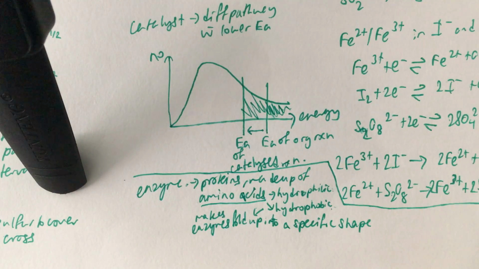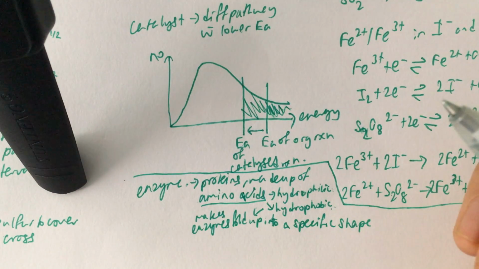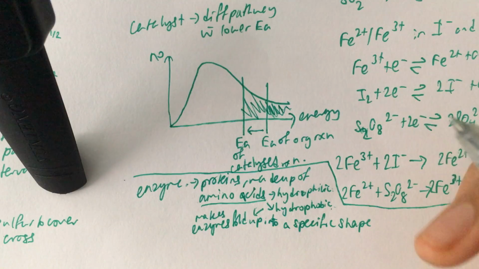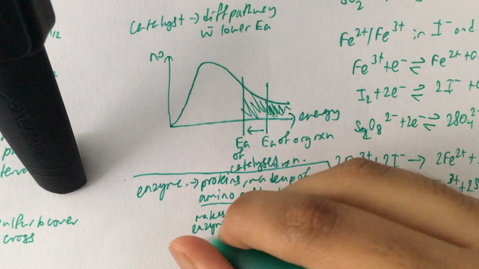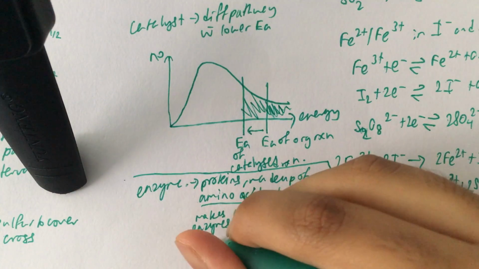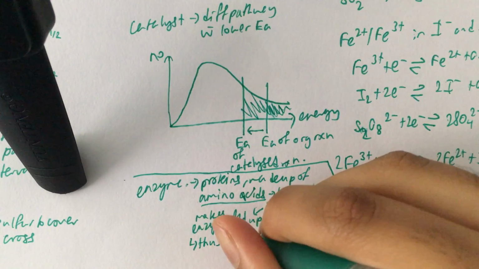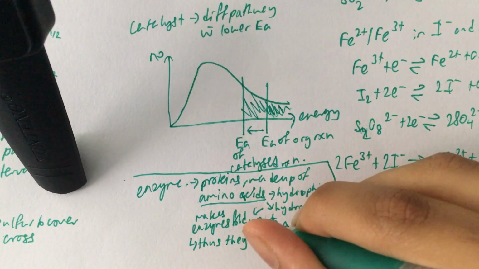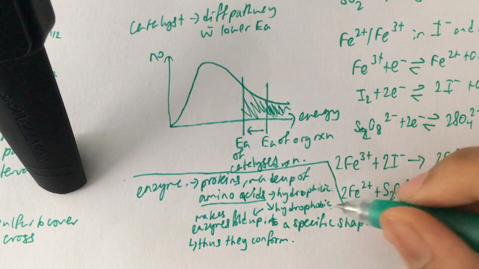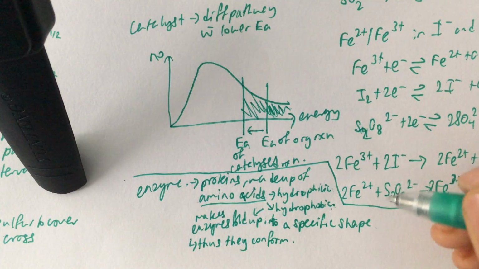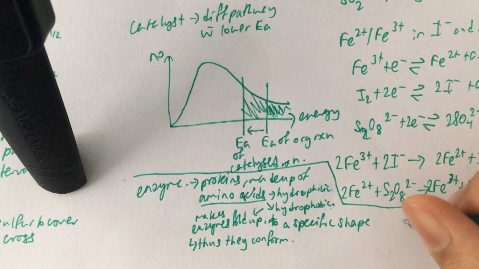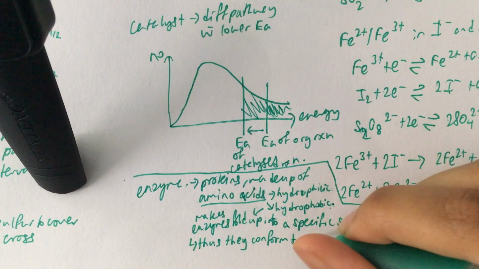I mean, they are peptides, but each of the units is an amino acid, and some of them are water-liking, so they are hydrophilic, and some of them do not like water. They prefer lipids, so they are hydrophobic. Because of that, the enzyme will form a shape where the hydrophilic ones stick out and the hydrophobic ones are in the center.